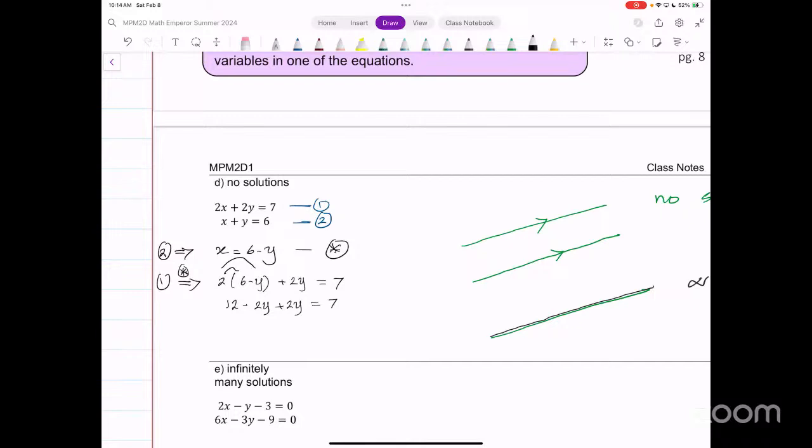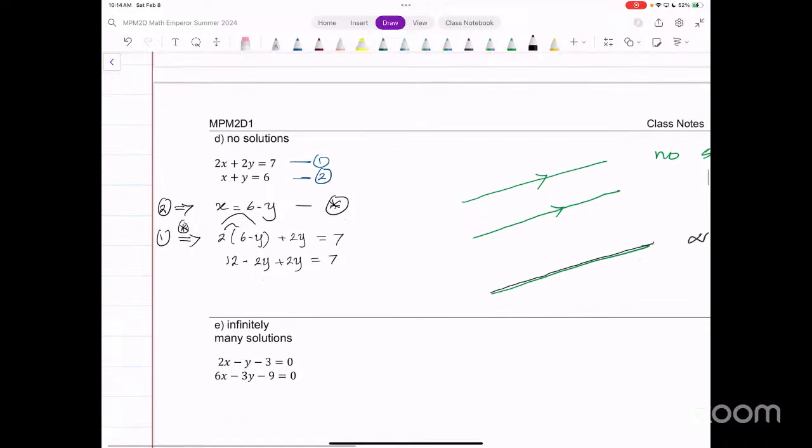You can isolate for y or x. But always try to see if the coefficient of x is 1, or the coefficient of y is 1. If not, we will see the complex questions. Now, we all know minus 2y plus 2y is 0, isn't it? So we got 12 is equal to 7.